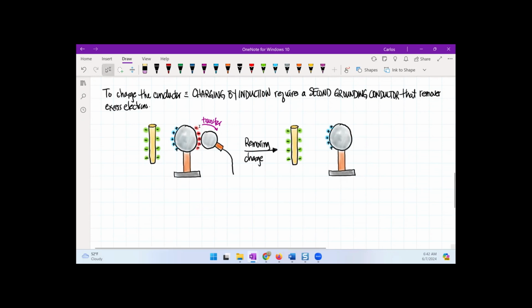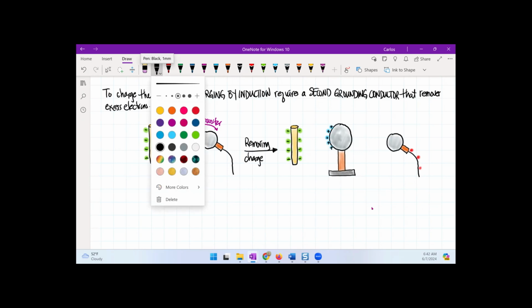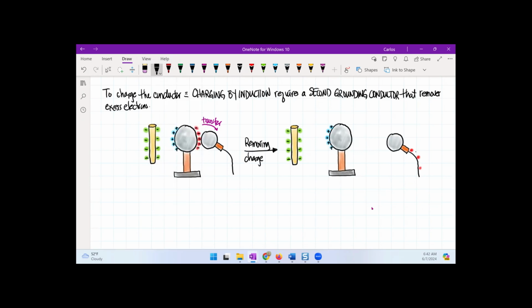So if I come over here and copy this, now I remove this out here, and these charges are now given a path where they are leaving, moving down to the ground, but these are the negative charges.